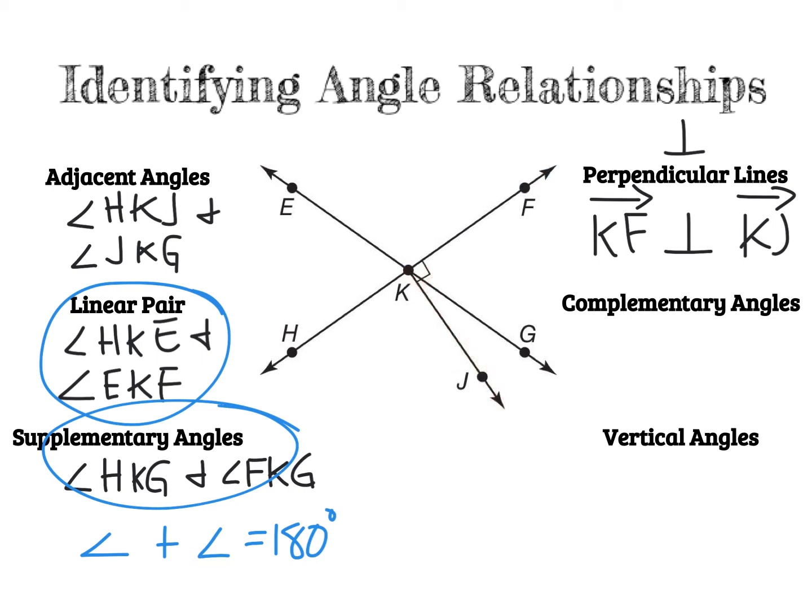We have angle JKG and FKG. Notice how together, these two angles combined, they add up to 90 degrees. They complement each other. Whenever angles are complementary to each other, together they form a 90-degree angle.